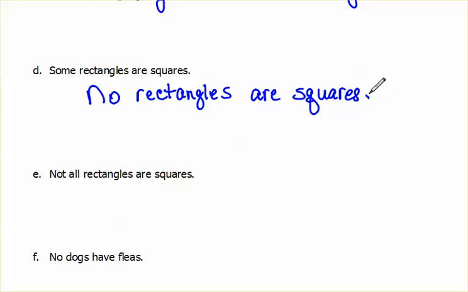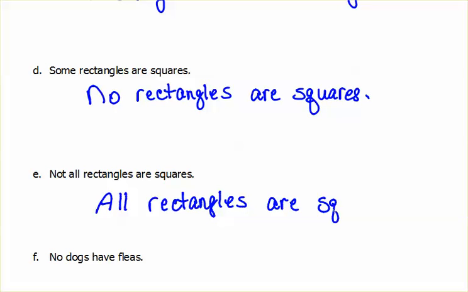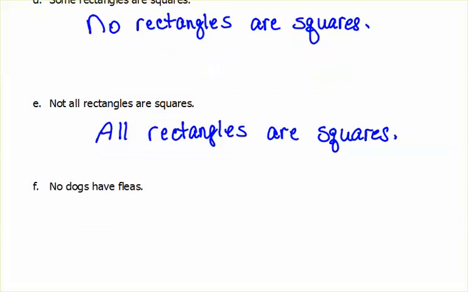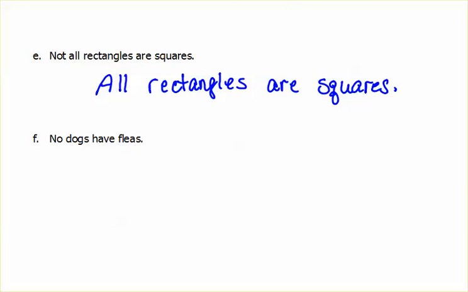So the opposite of that, or the negation of that, would be every single one of them. So all rectangles are squares. Very tricky, I understand that. So you have to practice on these because these are very, very tricky.